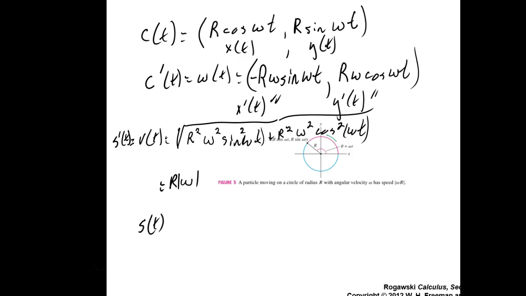Now, the second part of this question says, what is the speed if r is equal to 3 and omega is equal to 4, and that's 3 meters, and omega is equal to 4 radians per second. Radian really isn't a measure of anything.